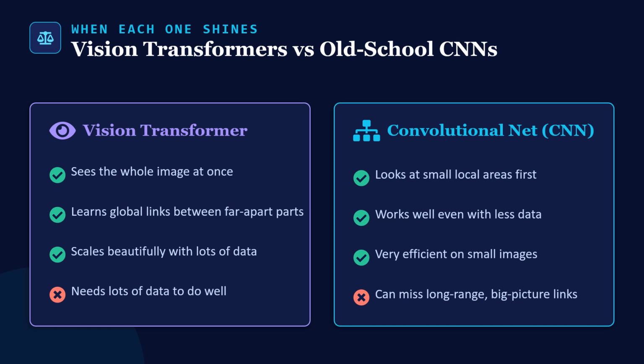The older CNNs look at small local areas first, work well even with less data, and are very efficient. Their weakness is that they can miss big picture connections across an image. So lots of data and big picture understanding lean toward a vision transformer. Less data or limited compute, a CNN is still a fine choice.